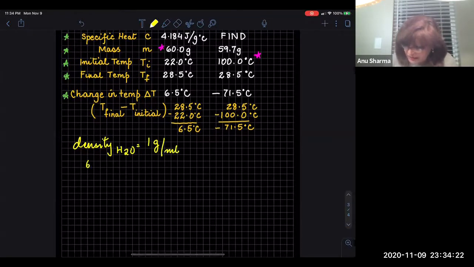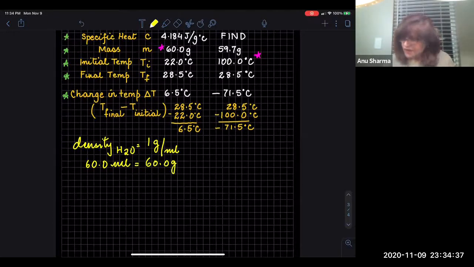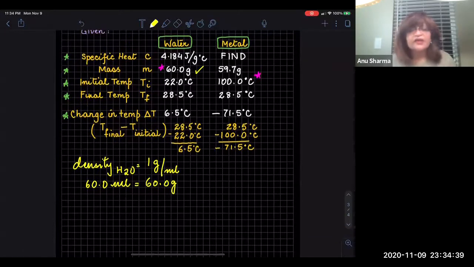So just in case your experiment asks you to measure 60 milliliters of water, that is going to equate to 60.0 grams of water in mass. Okay, so this is what we have here.